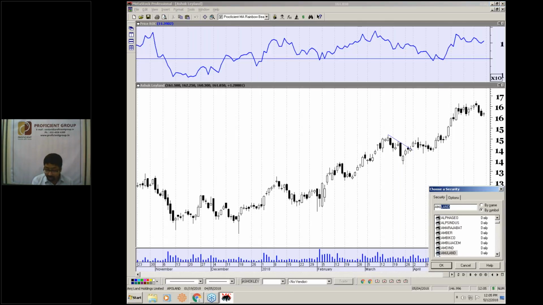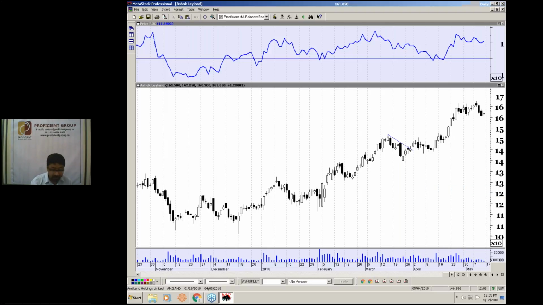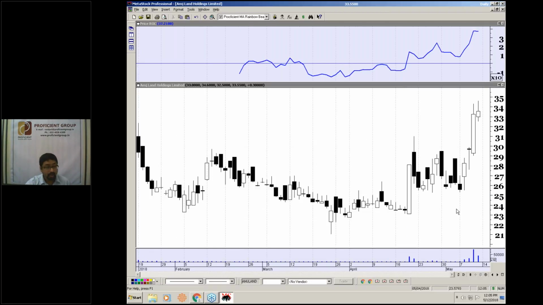First of all, I'm showing you this stock, AMG Land Holdings. This is a new stock, a new entrant to the market, but it has formed a significant bottom at around 24 odd levels. The price is 33.50 as of now.